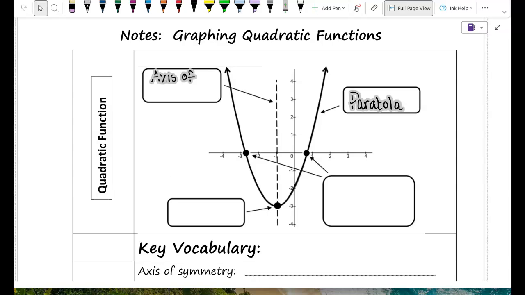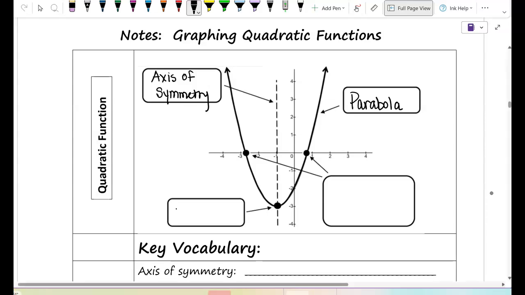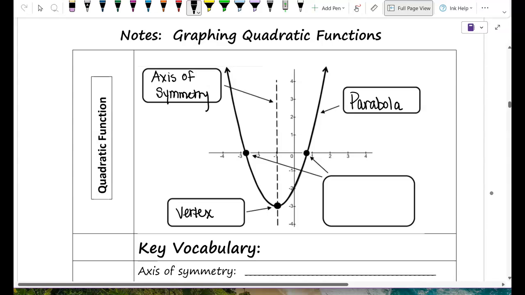You can put it how you would like. And then that bottom left box is pointing to the lowest point, and we know that as the vertex. So those 3 terms we've been using, we're going to continue to use. There is nothing new in those terms.